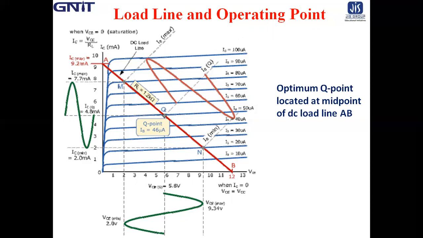Now, what is the optimum Q point? Which one is considered as an optimum Q point and why? The optimum Q point Q is located at the middle point of the DC load line AB.